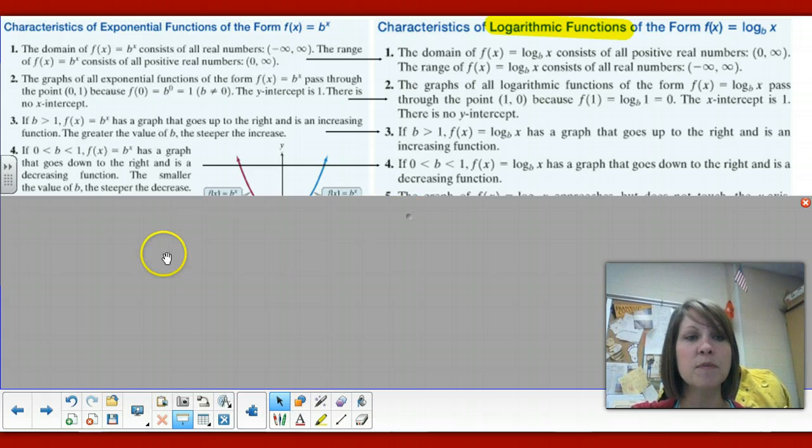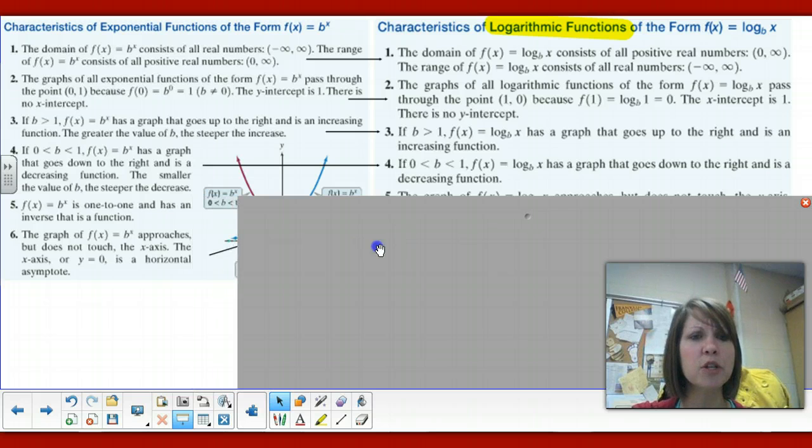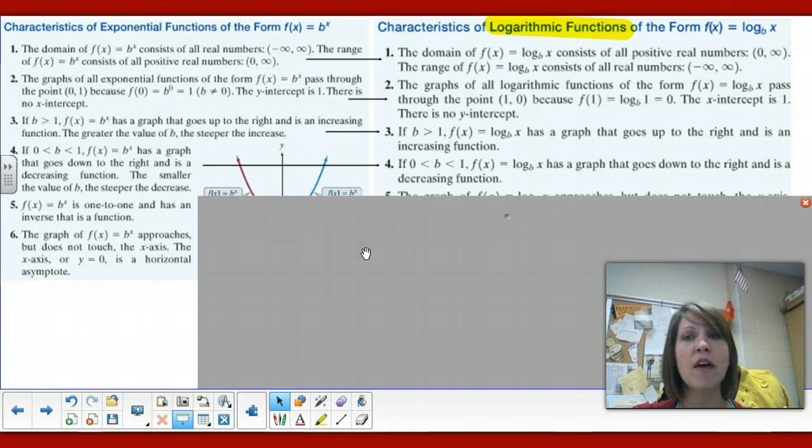With the exponentials, the exponential throws in a 5 that the logarithmic doesn't, and it says f of x is b to the x. It's 1 to 1 and has an inverse that is a function. Okay, we could have had number 5 in the logarithmic as well, because logarithms and exponentials are inverses of each other.